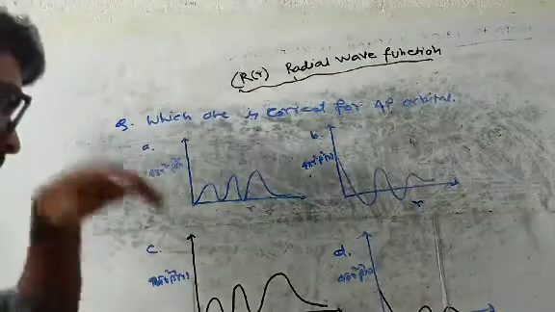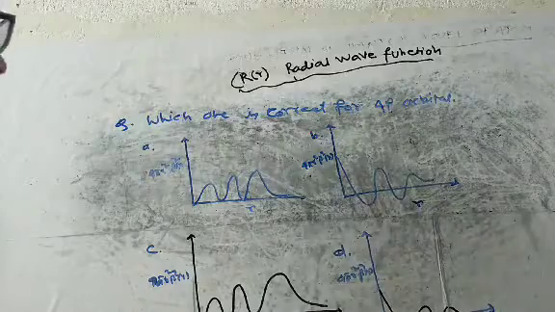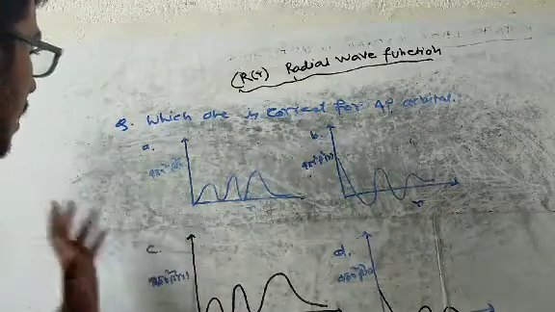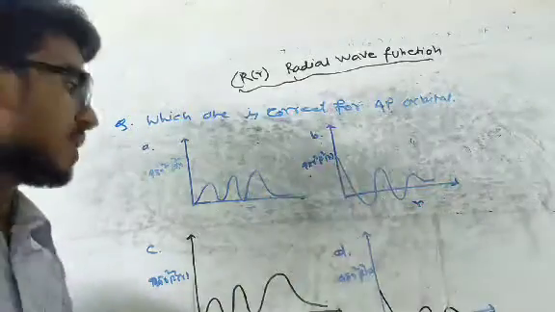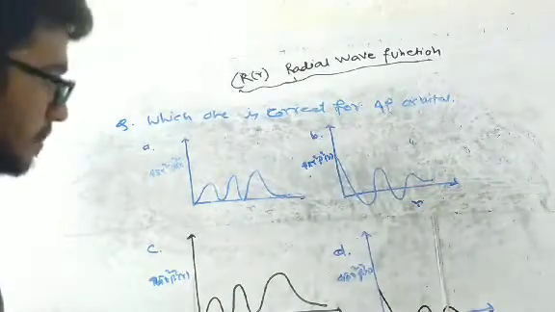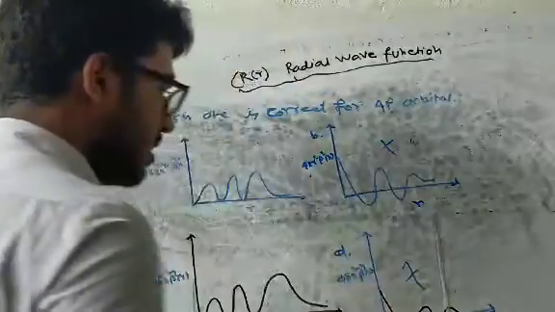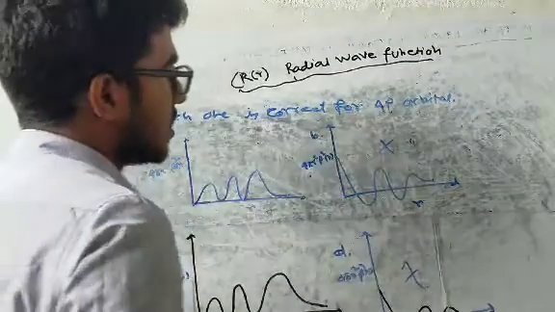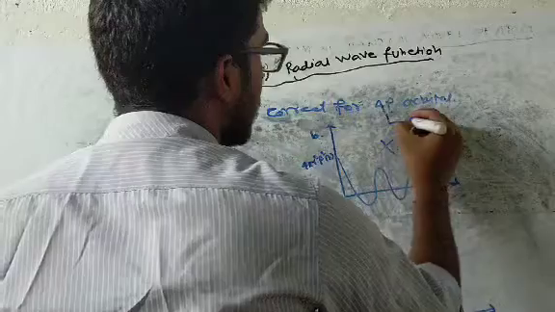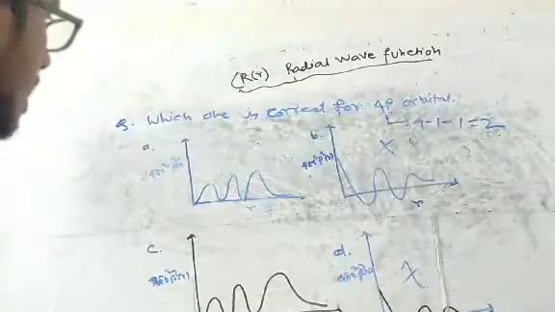First of all, as I am plotting all the graphs in square, 4 pi r square into the square of the radial wave function, there should be no negative part. So this graph and this graph are wrong, and only two graphs are left. Now what should be the number of nodes for 4p? 4 minus 1 minus 1, that is 2. So 2 radial nodes are present here.